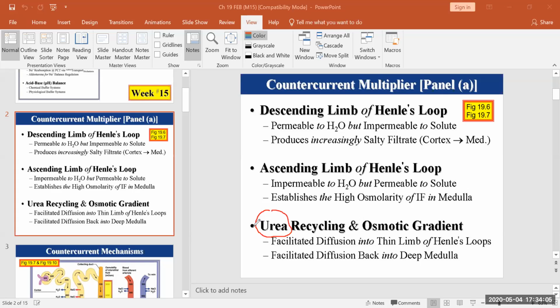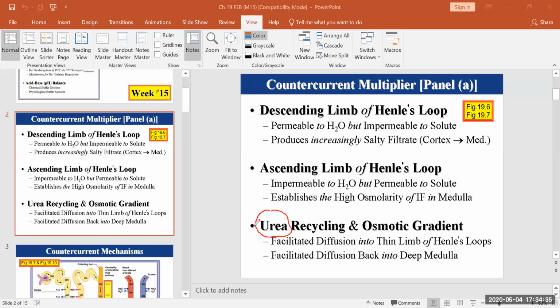Because we have urea transporters in both the tubular system and in the capillary. If you go to page 540, figure 19.8, you will see on that picture UTA, UTB, and UTC.